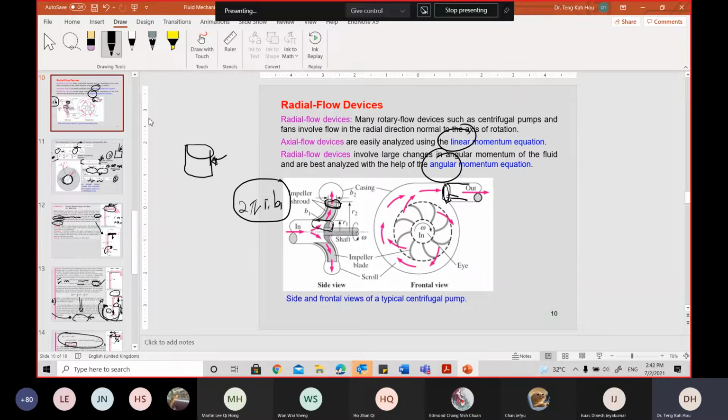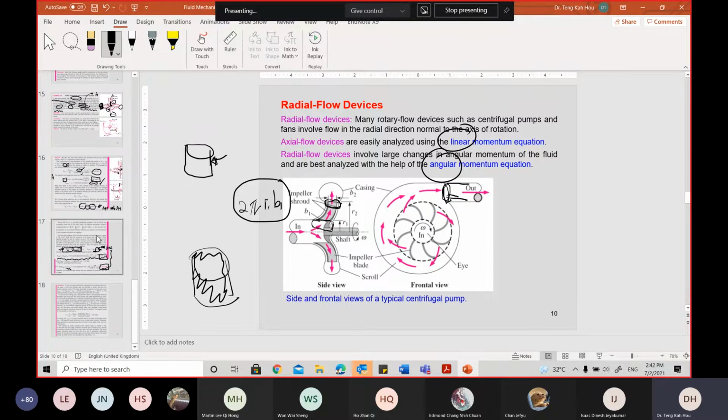If you think properly and logically, all this is a cylinder's surface, the cross-sectional surface. That's why you have 2 pi r1, which is the circumference, times the height. So you get the cross-sectional area for that. Okay, so continue on that.